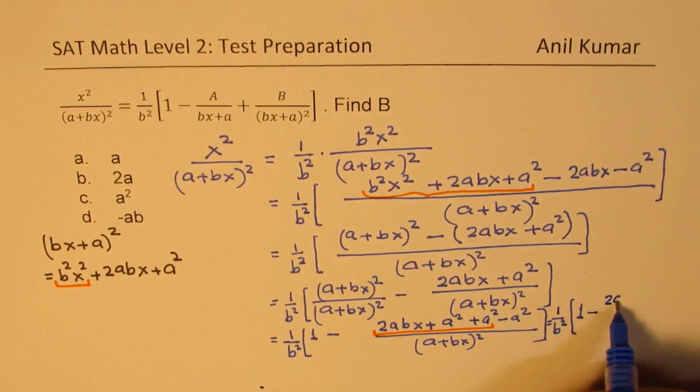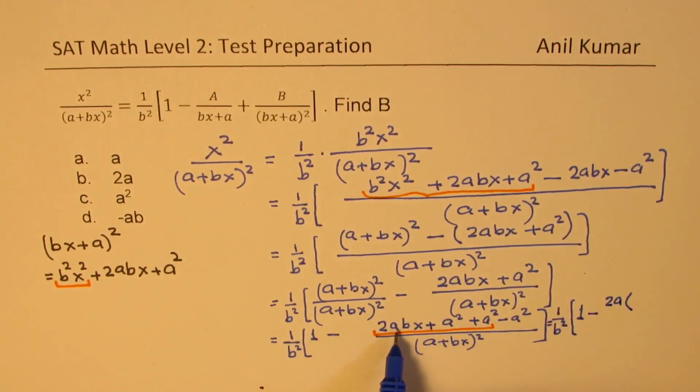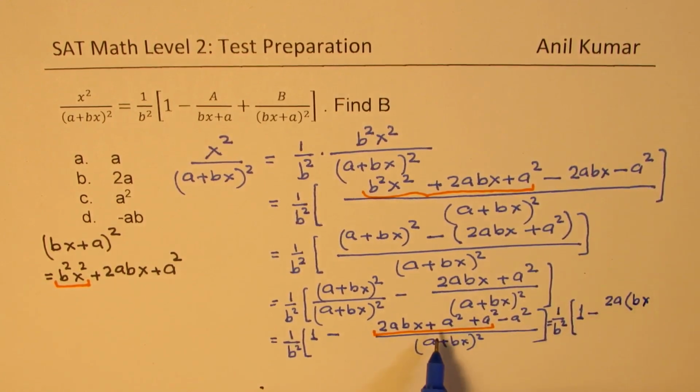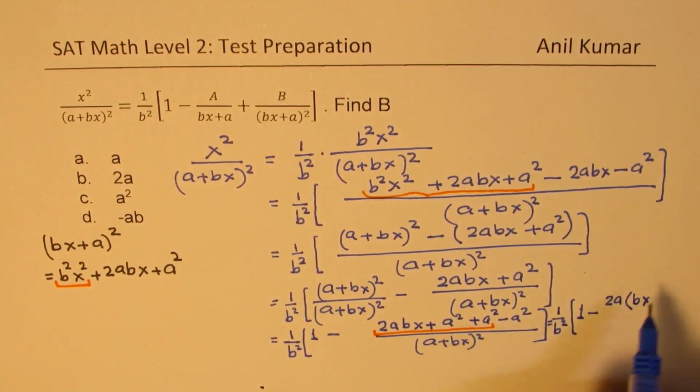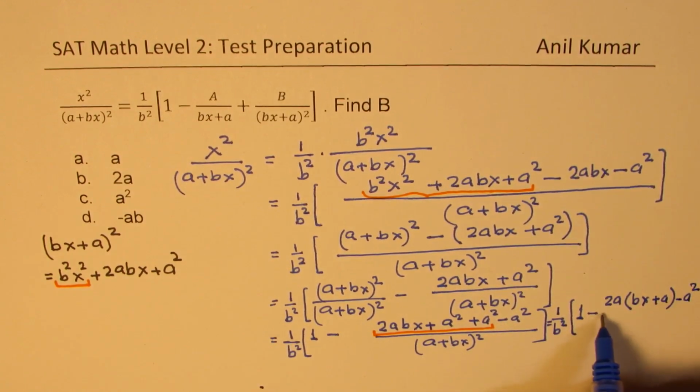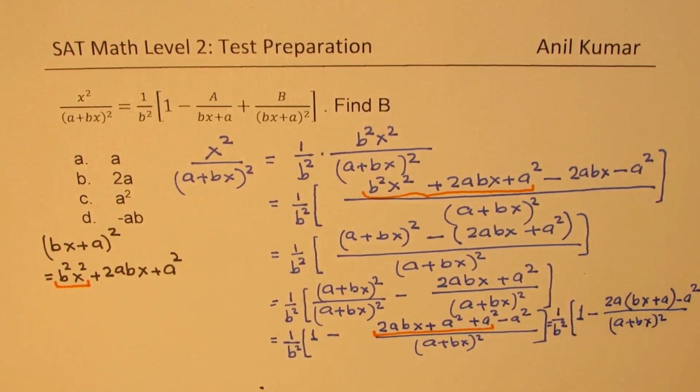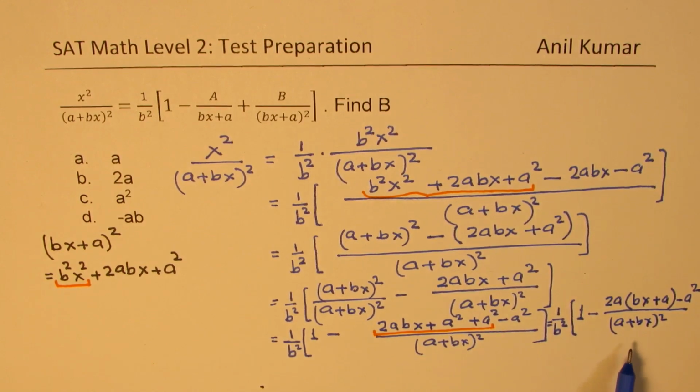So we have 2a common, and we are left with bx. And here we are left with a square. A common, a, right? So bx plus a and minus a square divided by a plus bx. We can rewrite this. Is that clear to you, right?